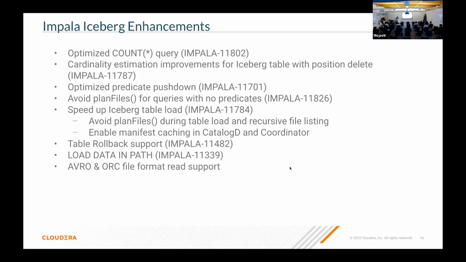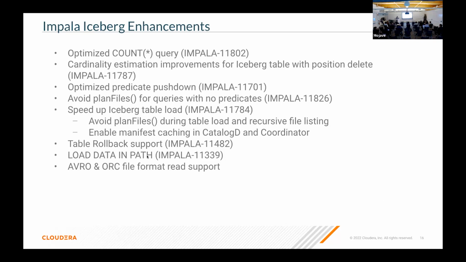As I had mentioned earlier about the caching of the manifest file, Impala has added this capability to both the coordinator as well as the catalog daemon. Rollback support was added.